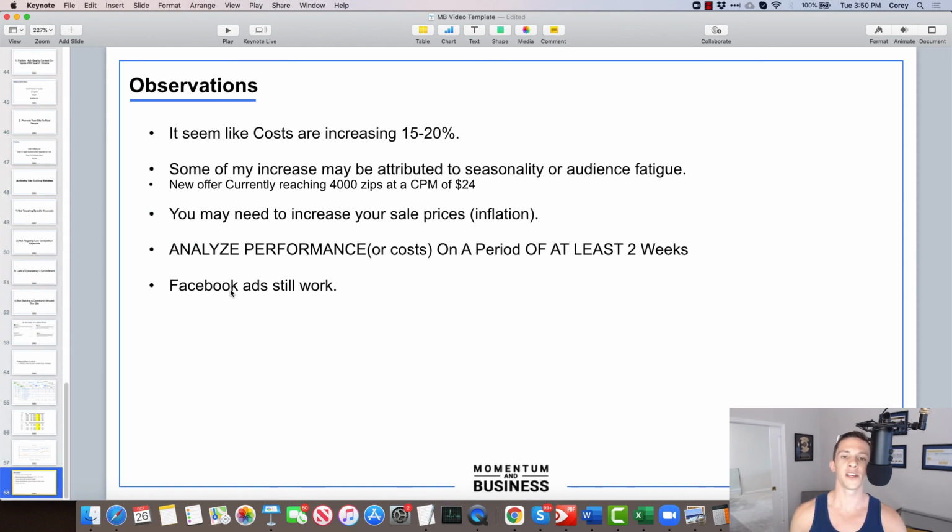And finally, Facebook ads still work, right? I've heard people say Facebook ads are dead. That couldn't be farther from the truth. Literally could not be farther from the truth. Facebook ads still work. I'm still spending a ton of freaking money on Facebook ads, and they're working. All right. One little change like this doesn't really mean the end of the world or that something is going to die.